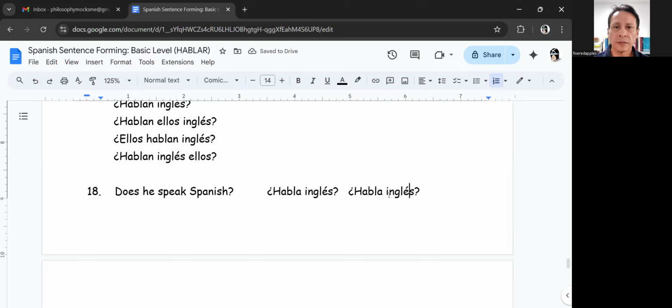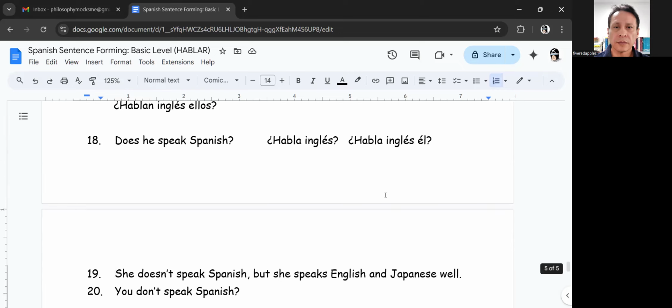You can throw it at the end if you want. Habla español él? Or ¿habla él? That's kind of a stranger one. ¿Él habla español? is probably, I would say, a little bit more common. Él habla español is probably the most common way to ask it. With the intonation, it sounds a little bit different. Okay, so there.